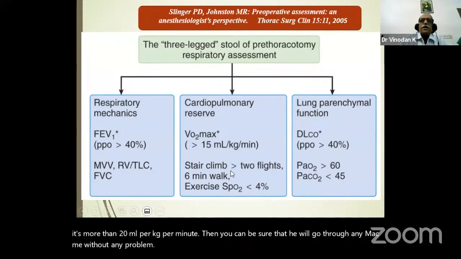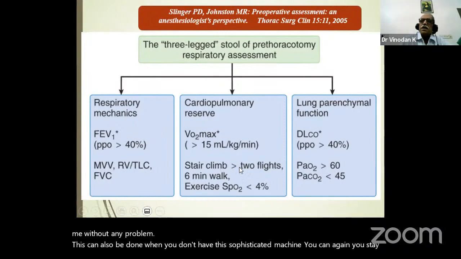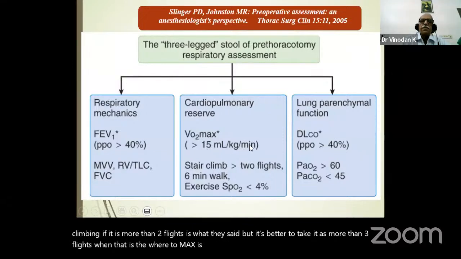This can also be done when you don't have this sophisticated machine. You can again use stair climbing. If it is more than 2 flights is what they said, but it's better to take it as more than 3 flights, then you know that the VO2 max is more than 15 ml per kg per minute.